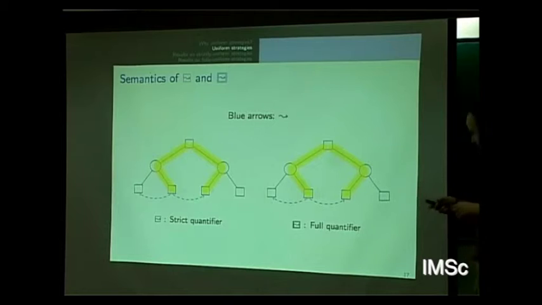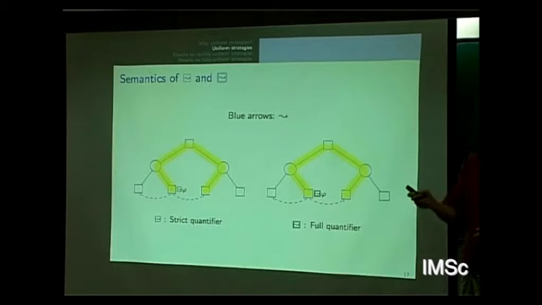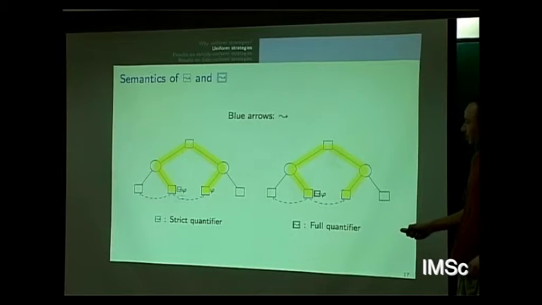And so let's say that you want to evaluate this formula at this point of this strategy tree. Because you use the strict quantifier, you only quantify over related plays in the strategy. So for this formula to be true, phi only needs to be true here, in the related play that belongs to the strategy. This play is related to this one, but it's not in the strategy, so you don't need to evaluate phi there.